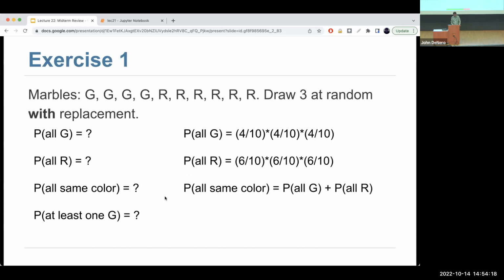The chance that they're all the same color is the sum of the chance that they're all green and the chance that they're all red, because we just wrote out the two different ways that they can be all the same color. And the chance that at least one is green is 1 minus the chance that none of them are green. And how do we get the chance that none of them are green? Well, there's only one scenario in which none of them are green, which is that they're all red.